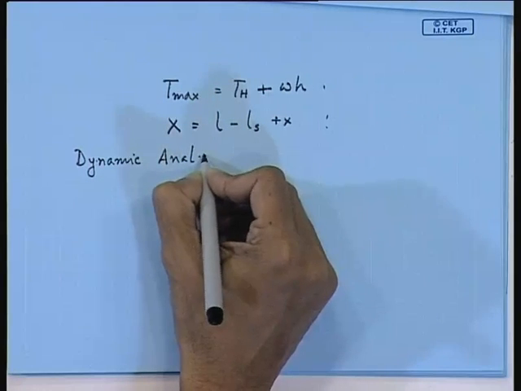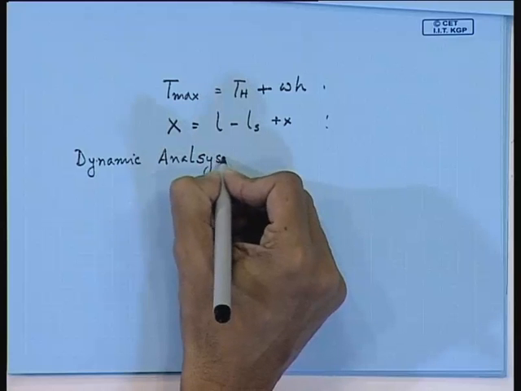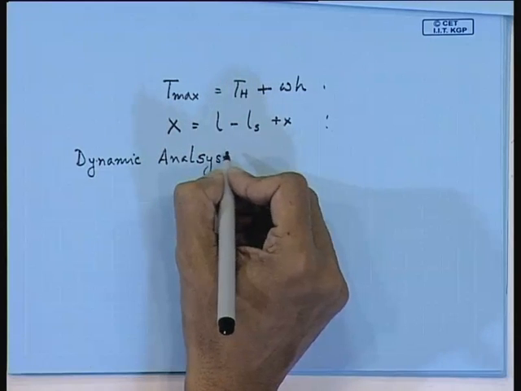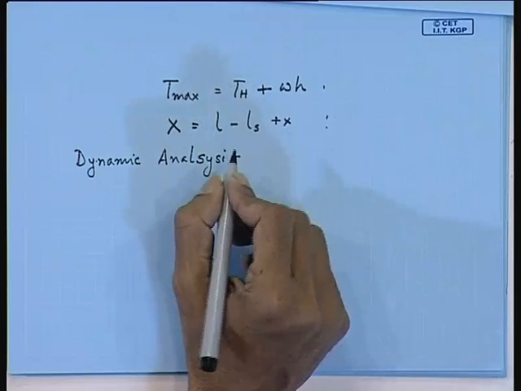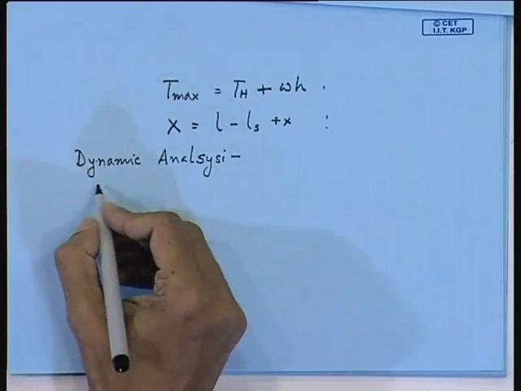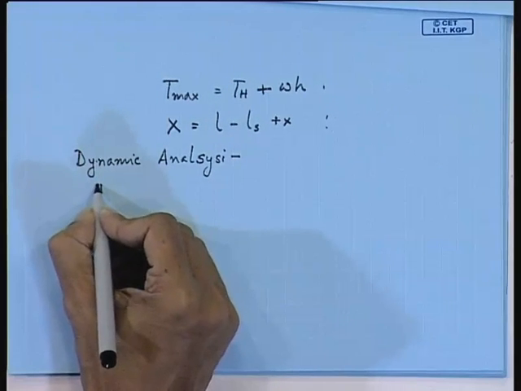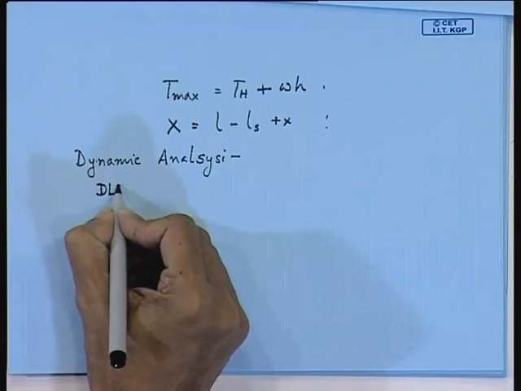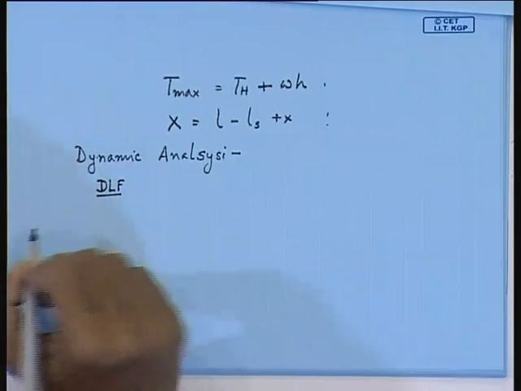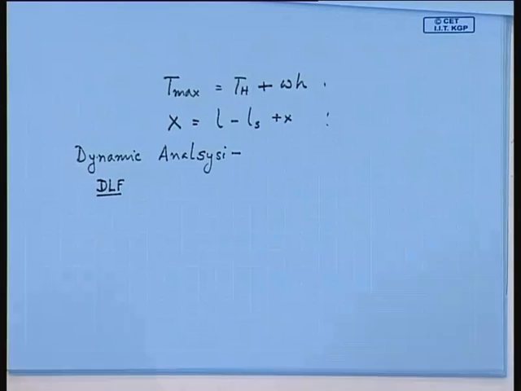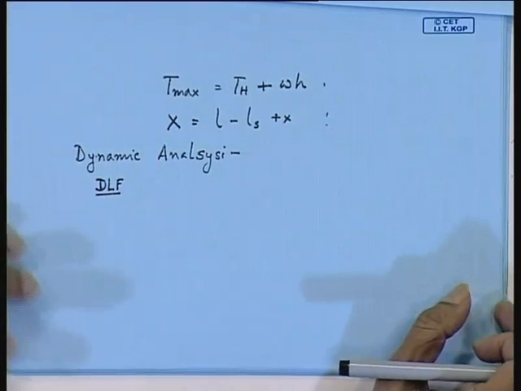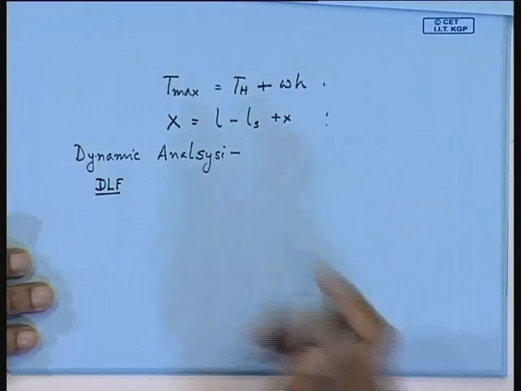Now dynamic analysis, in your vibration class, what do you calculate? In dynamic analysis you come across a factor which is called DLF. So this you calculate, DLF. Anyway, the expression that I am going to give you now is a very complicated one.